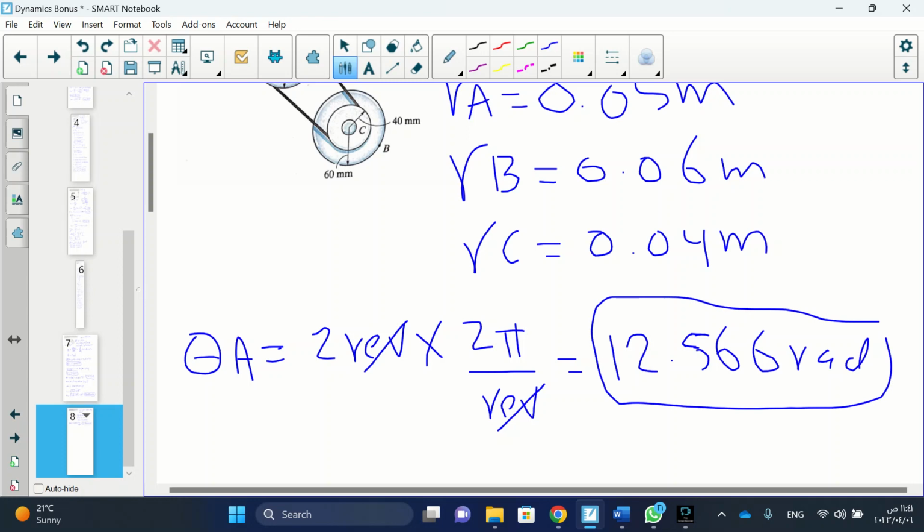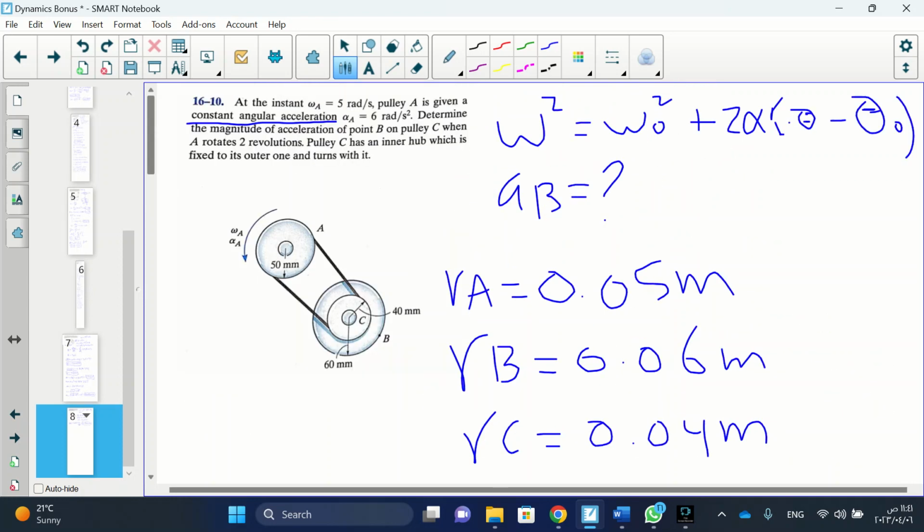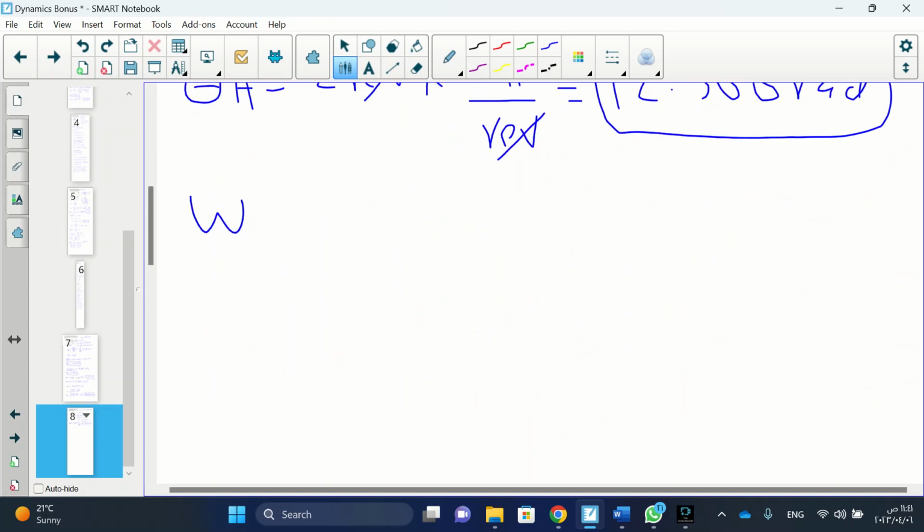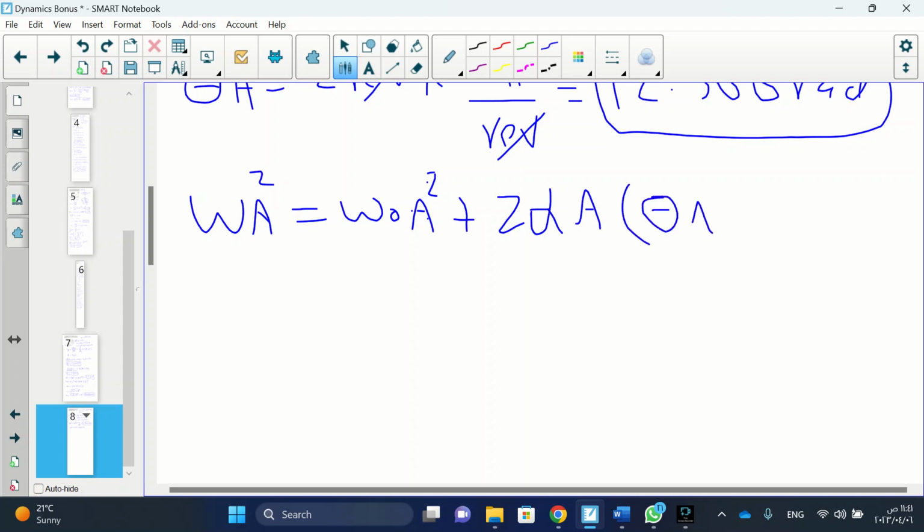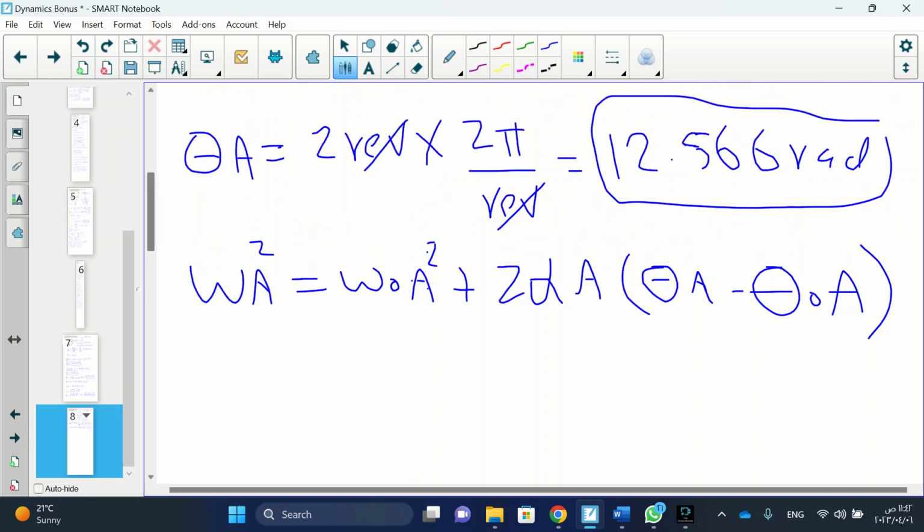So after finding theta, let's use this equation for omega final. We'll say omega A squared equals omega naught A squared plus 2 alpha A times theta A minus theta naught A. Okay, so theta A we already know.